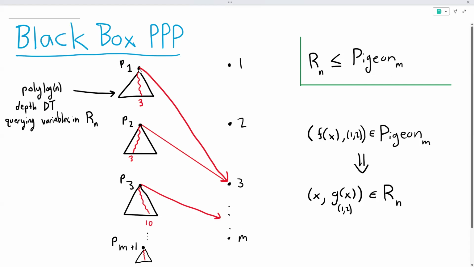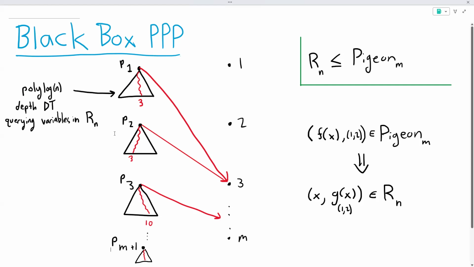And for every pigeon, there's going to be an associated polylog n depth decision tree querying variables in R of n, and the leaf of every such path is going to be labeled by some hole from 1 to m, saying where pigeon i should fly, given those variables evaluating to 1 on this path.